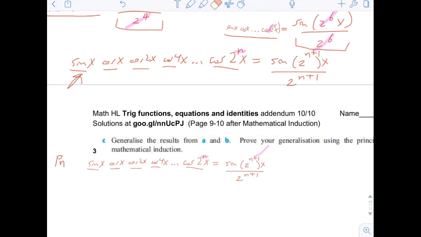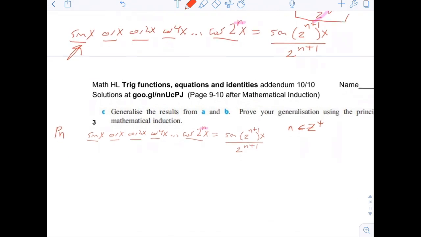And we can also say exactly which values of n this is true for. So we could say it's true for n is 1 and above, which would be positive integers.